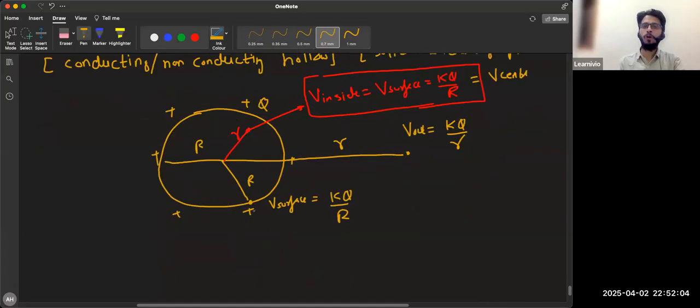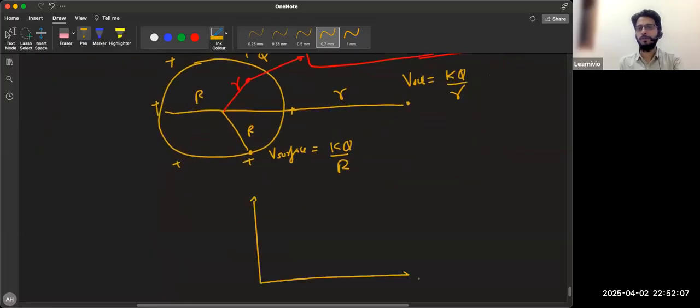So if you want to plot the V versus r graph for a sphere, this is r and this is V. Up to the surface, your potential is constant and then it decreases. Using this graph, if you want to predict your electric field versus position graph, in the region in which potential is constant, your field is zero. So here, your field will be zero.